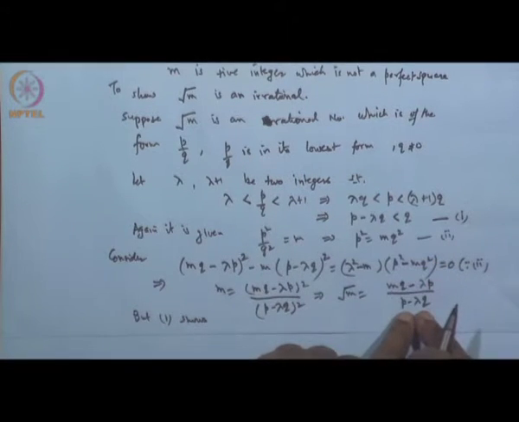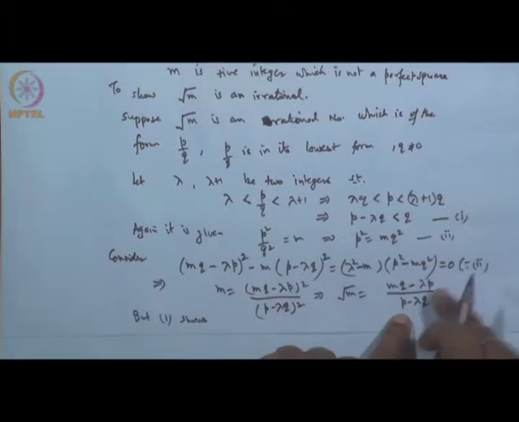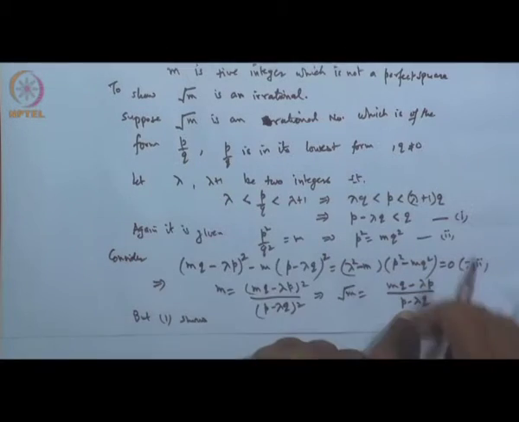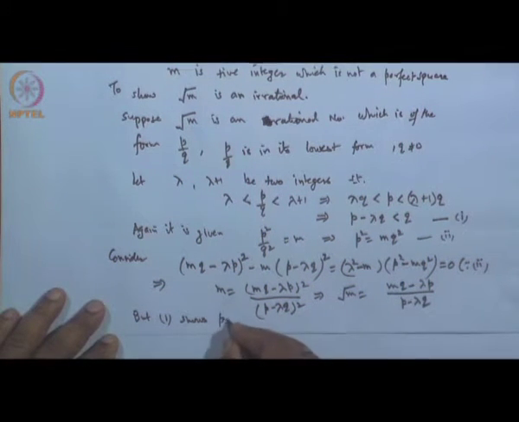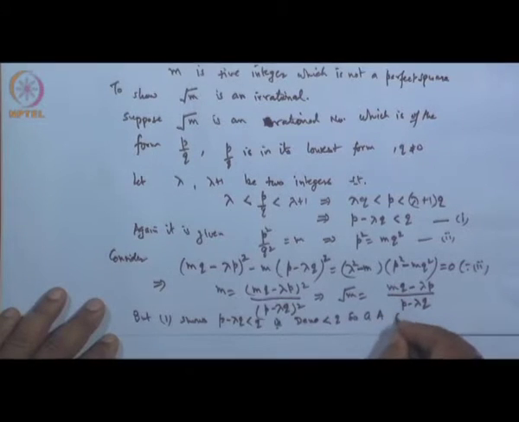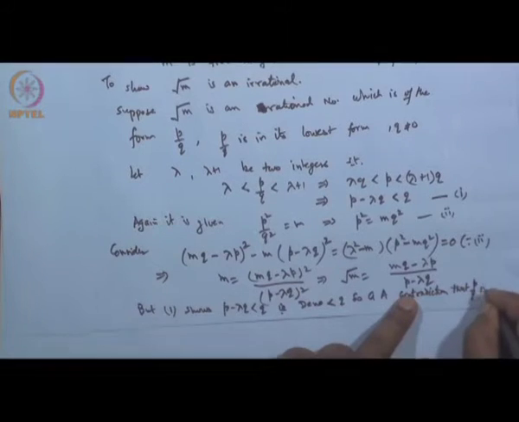So, a contradiction is reached, because root m is written in the form p by q, which is in lowest form, but we are getting that root m can also be expressed in this form, where the denominator is lower than q. So, p by q cannot be in lowest form.